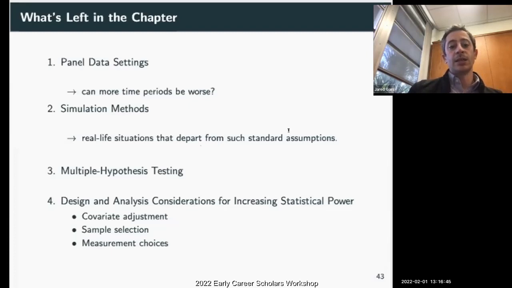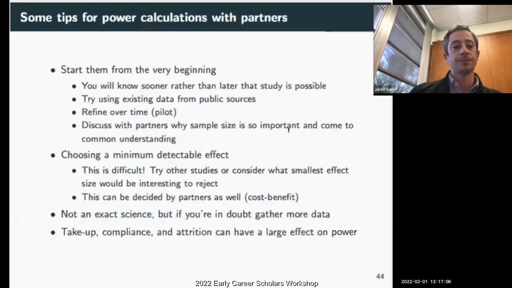You might want to select observations that are more similar to each other rather than those that are very different. And then there are different measurement choices you can take. This comes into measurement bias and systematic bias that comes from your measurement. So you need to take into account some of these measurement choices when designing your study and thinking about power.